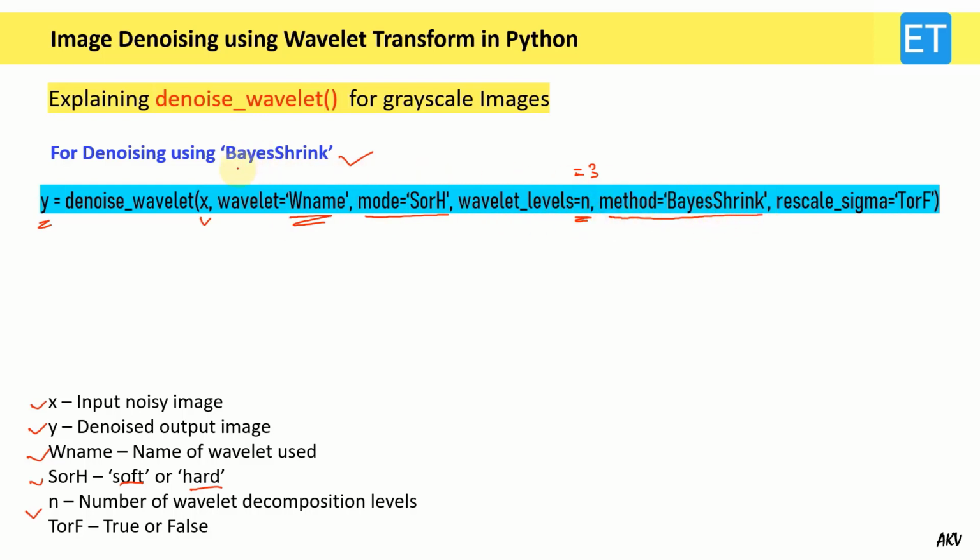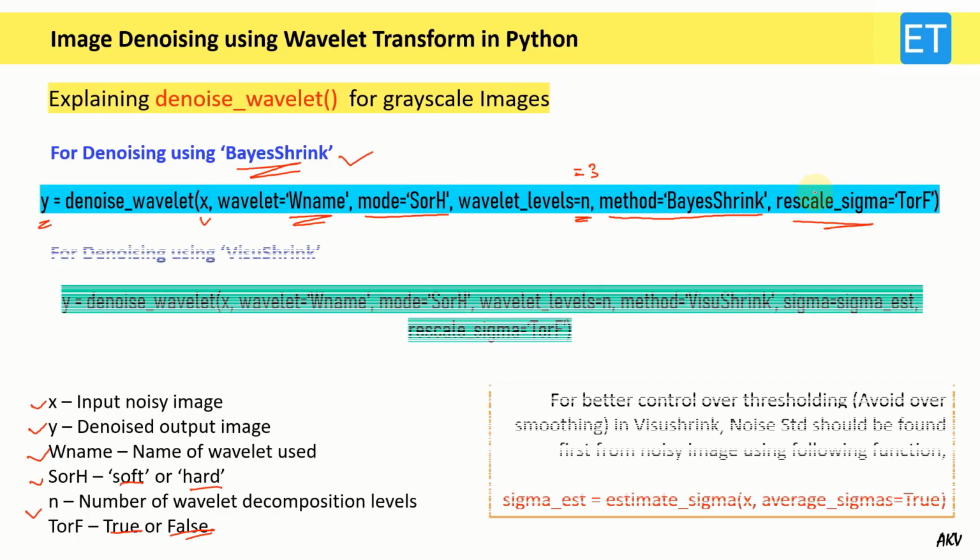Obviously, since I'm explaining BayesShrink, you will write BayesShrink as the denoising method, and then rescale_sigma. Here you will write either true or false. It is used if there is some internal rescaling of the image, then the sigma rescaling is also done.